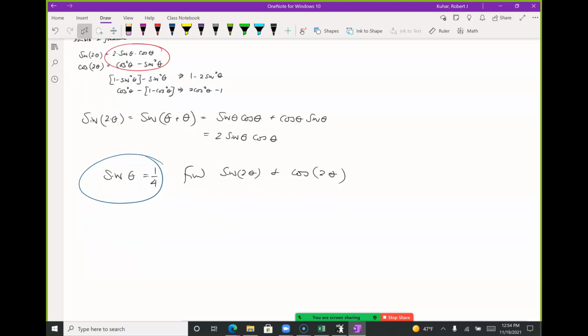If I know sine of theta is 1/4, what do I know? I know a triangle. So I know that the opposite side is 1 and the hypotenuse is 4, and the remaining side is what, rad 15, right? We did that already today.